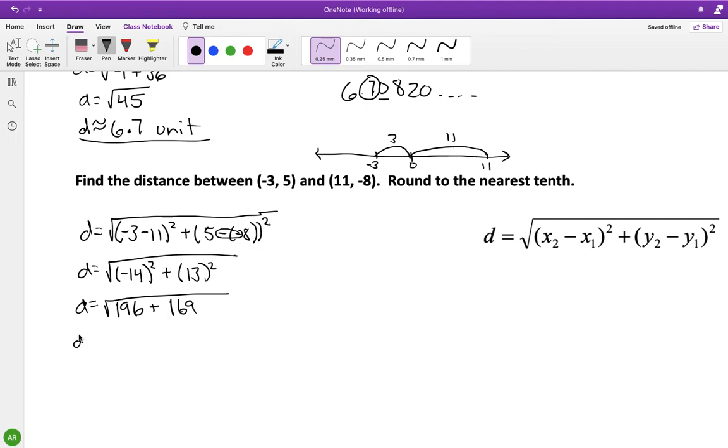Okay, now I find the sum of those two values. 196 plus 169 is 365. Okay, so the number of days in a regular year. You're going to go ahead and square root that value. And we're going to get D is approximately 19 and 1/10 of a unit.